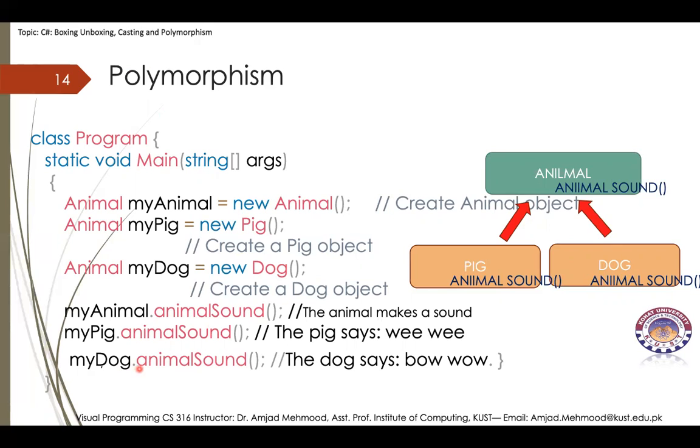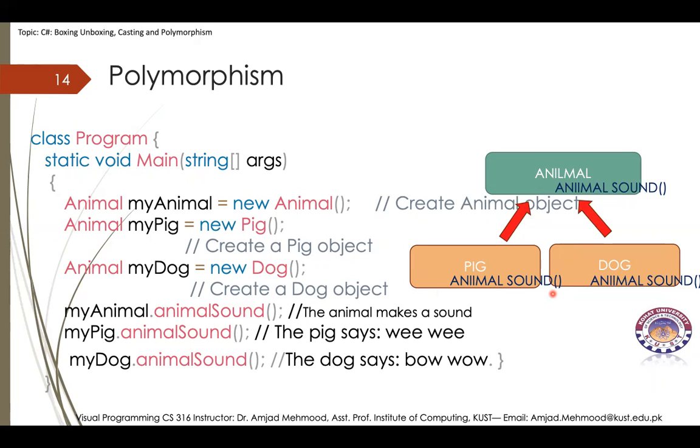Here I want to say that, for example, if the pig class does not override its parent, it can do that. That's why I'm saying this is optional overriding. This means that the child class is not restricted to override its parent class.